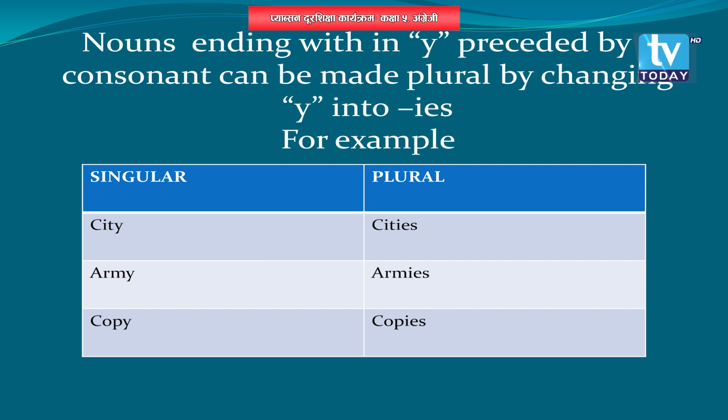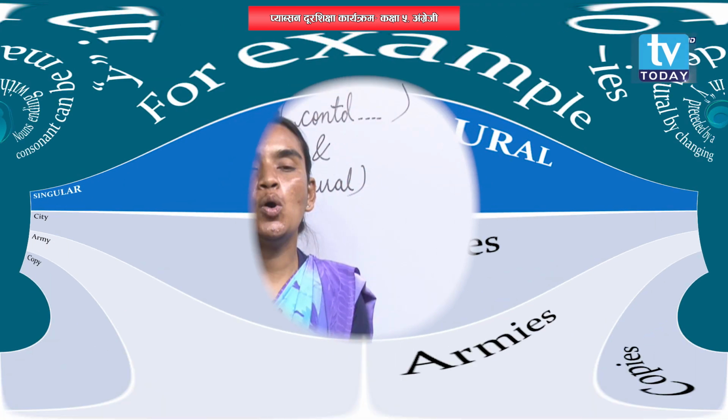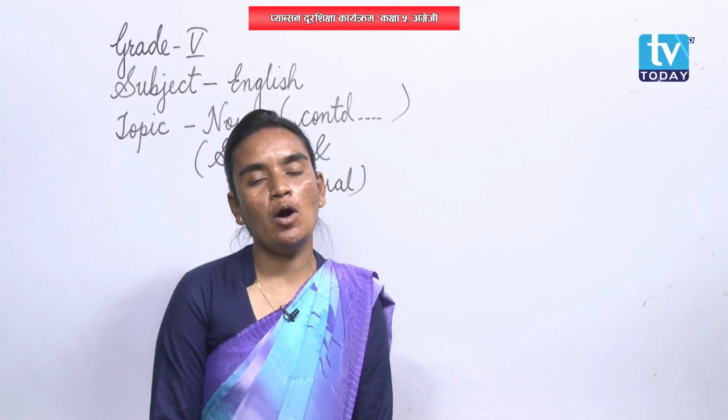Some more examples beside the slide also we can go through, or you can take the help of the slide as well. ARMY, army. If we have to make the word plural, then ARMIES, armies we can say. If we have the common word copy, COPY, copy, then it can be made into plural by adding IES, COPIES, copies.